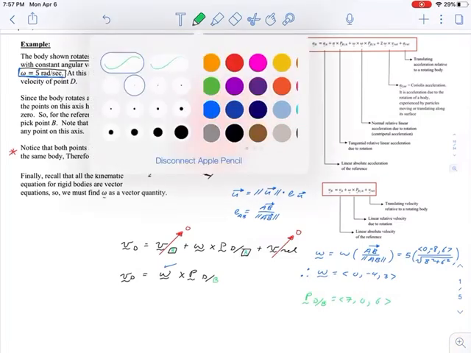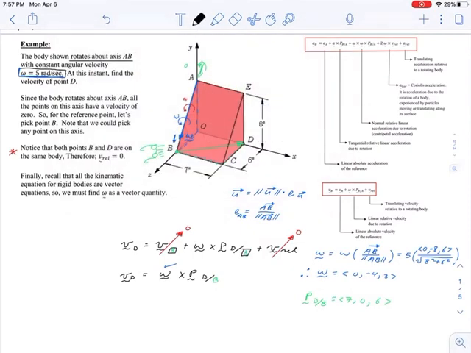If you recall, the cross product is nothing other than the determinant, where this would be omega and position D relative to B. This would be 0, -4, 3, and 7, 0, and 6.